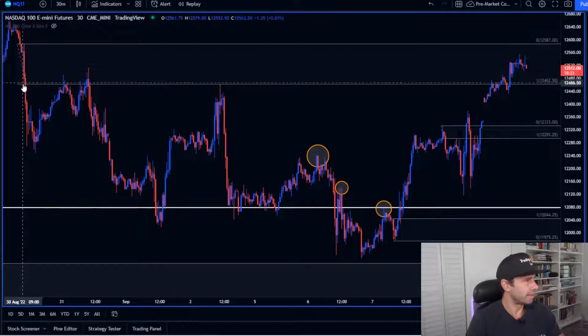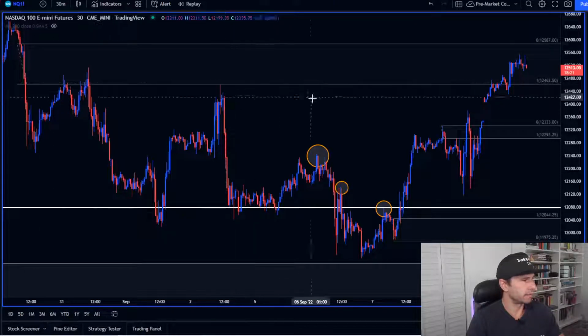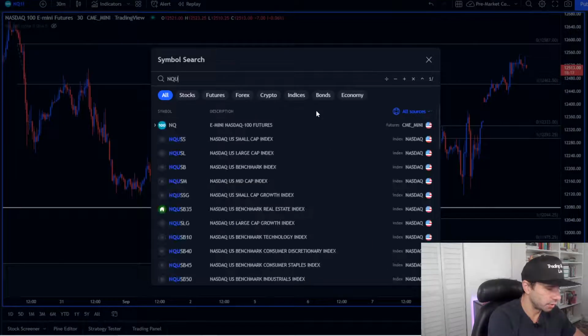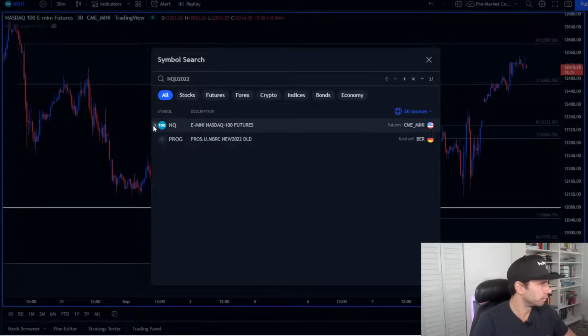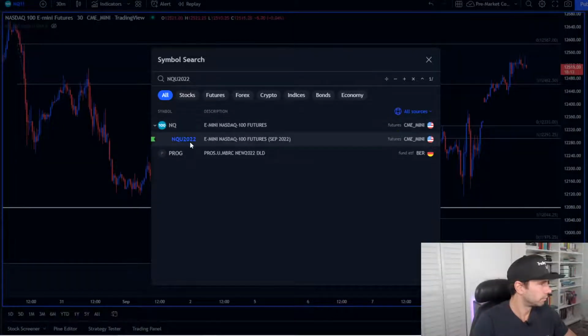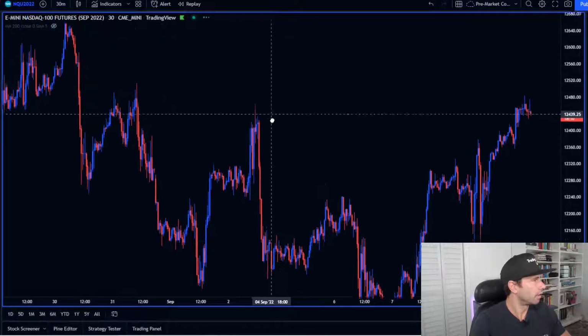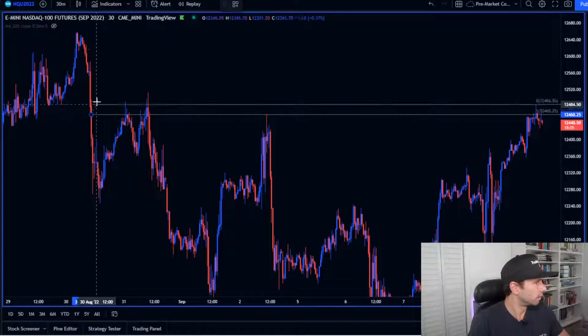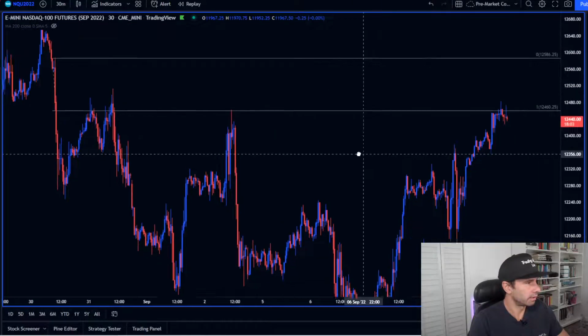This is exactly the same supply that is in the ES, right? So let's type in NQU 2022. There we go. We're just tapping this supply.